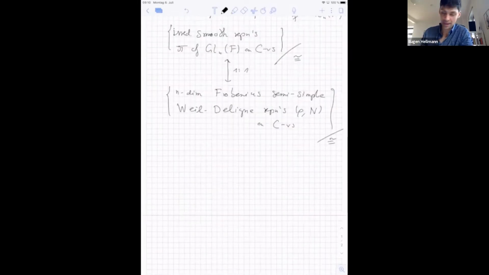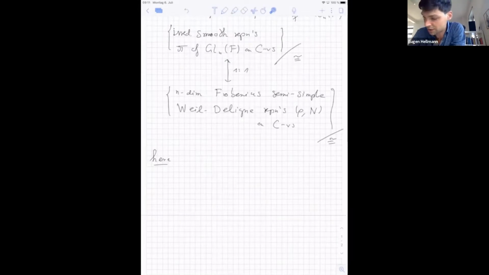So what are these players here? I want to assume that it's more or less familiar what smooth representations of a group such as GL_n(F) are.